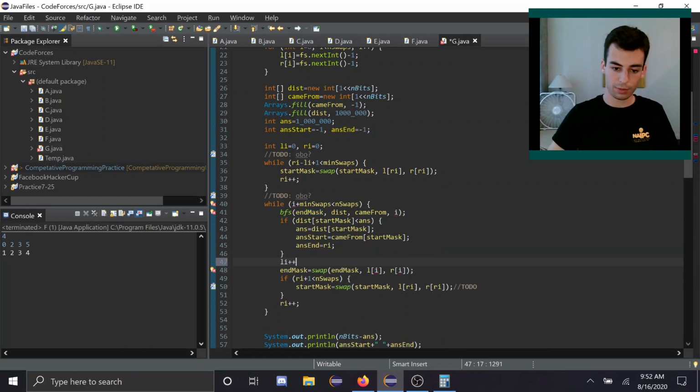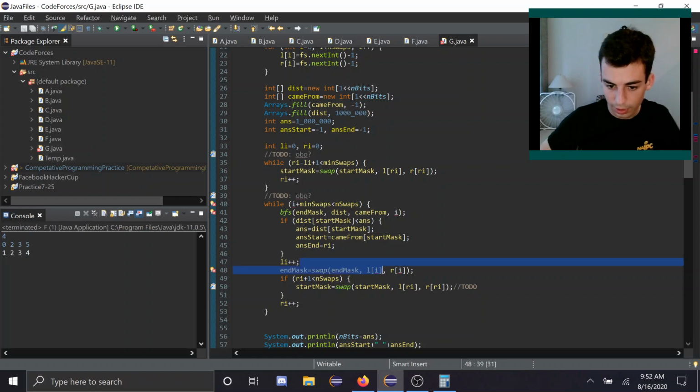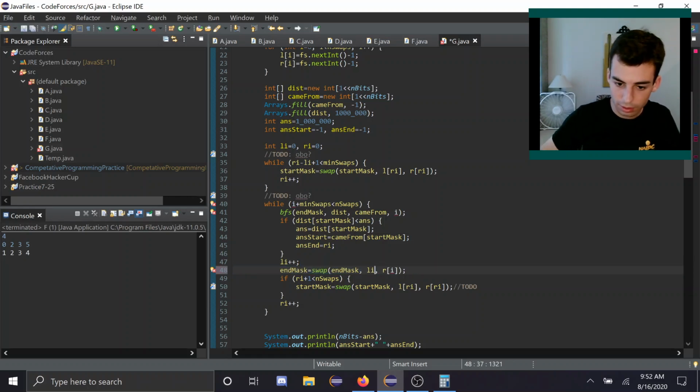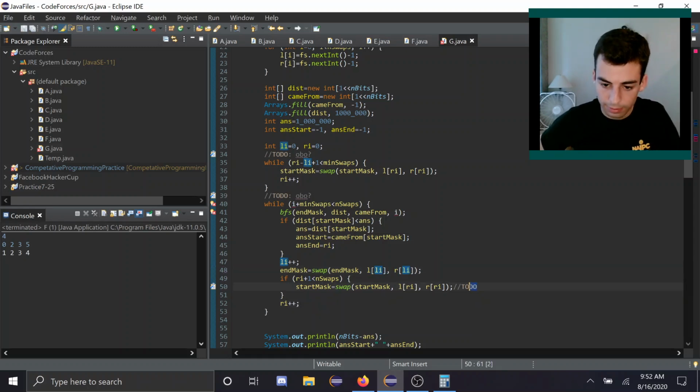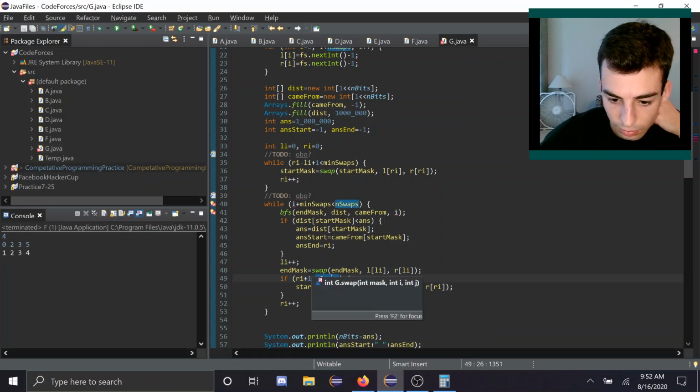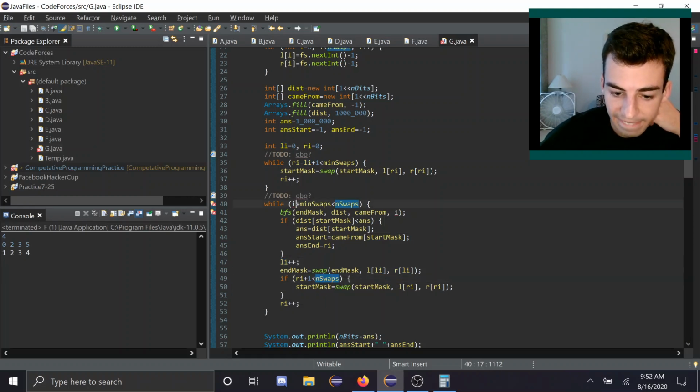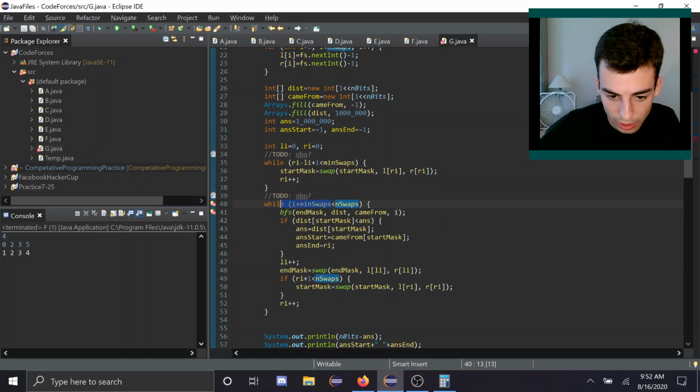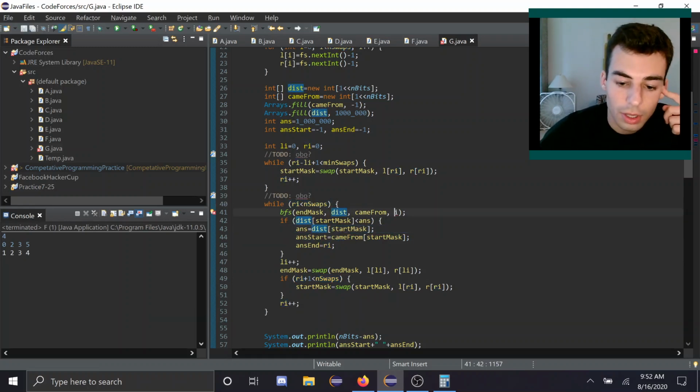Left index plus plus. These are both the left index. This is just, well, the right index is less than the number of swaps.